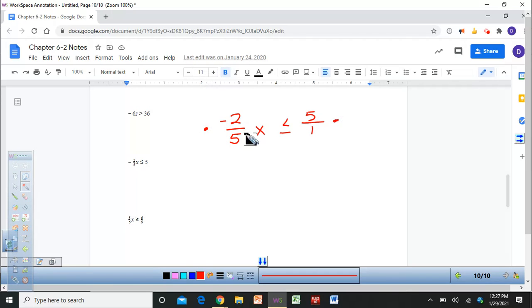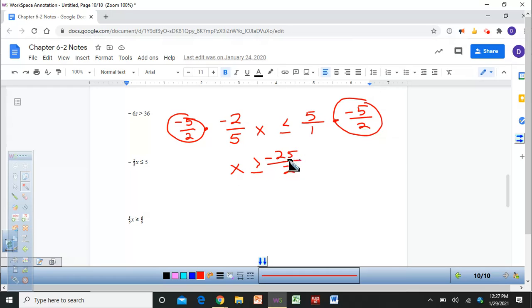To get rid of a fraction, you multiply by the reciprocal. So basically you just take your fraction and you flip it. So I'm going to multiply both sides by my reciprocal. Now I multiplied both sides by a negative. If you look right here, that was negative and that was negative. So that is going to flip my sign. And then this gives me negative 25 over 2, which you can leave like that.